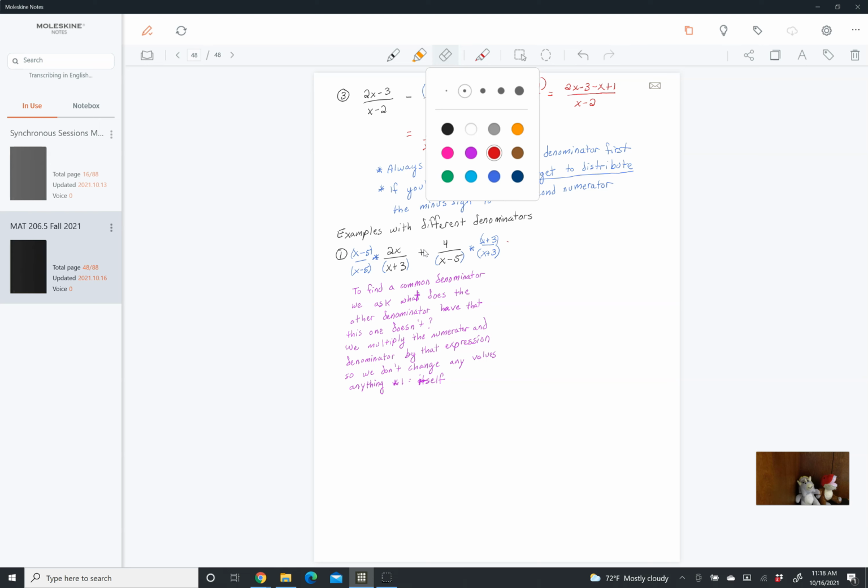So 2x times x minus 5 gives us 2x squared minus 10x over, leave it as x minus 5 times x plus 3, plus 4x plus 12 over x minus 5, x plus 3.